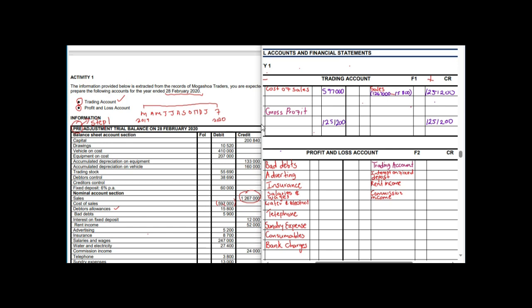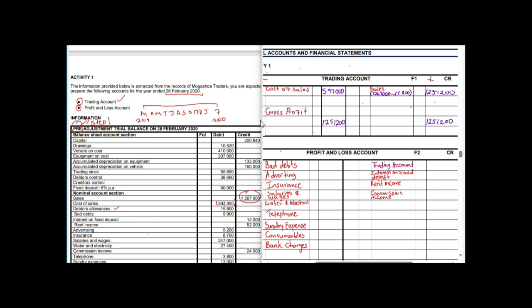Now we need to record our profit and loss. So we say 1,251,200 subtract 597,000, and the difference is our gross profit.